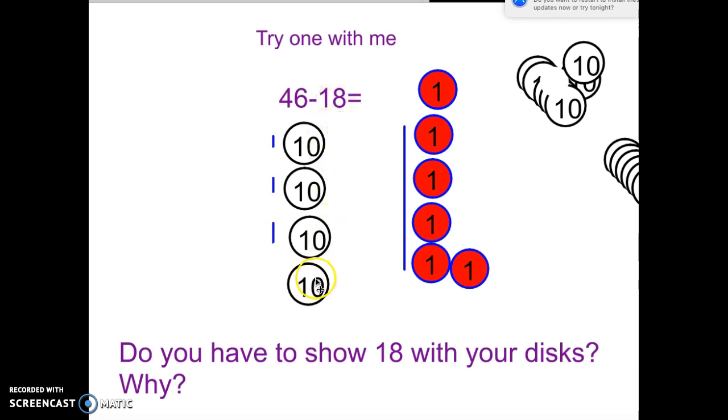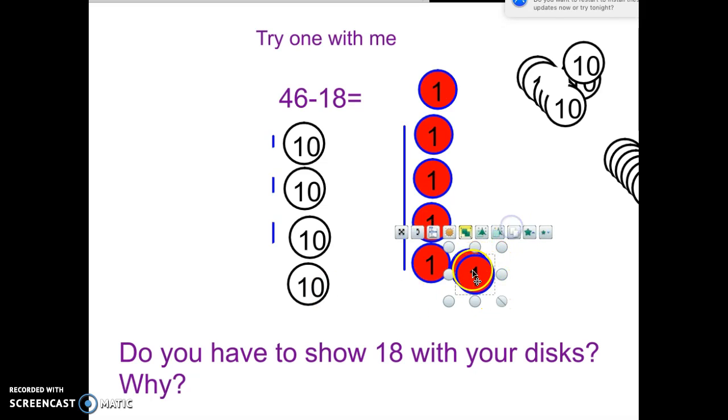Well, I can take away 10, but I can't take away 8 ones. So what do I have to do? I have to unbundle. Now, to do that, I have to take this away and replace it with 10 ones. So I'm going to do this.